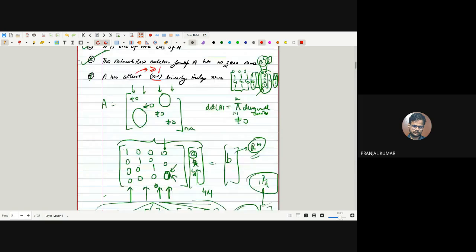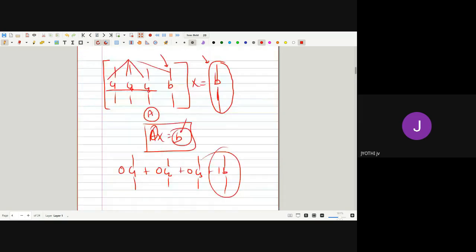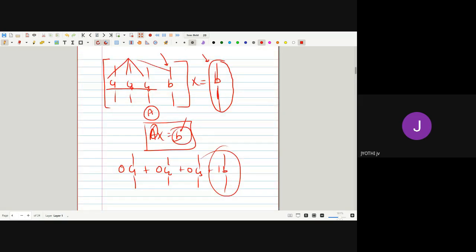The scalar for that column will be 1. So what is the solution vector? 0, 0, 0, 1.